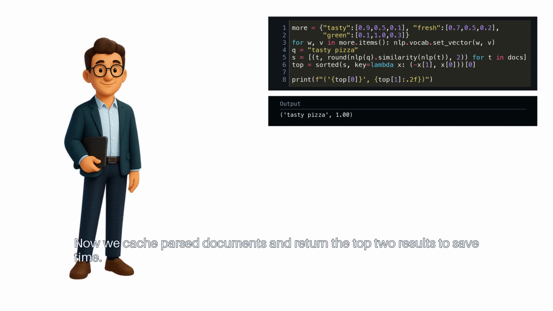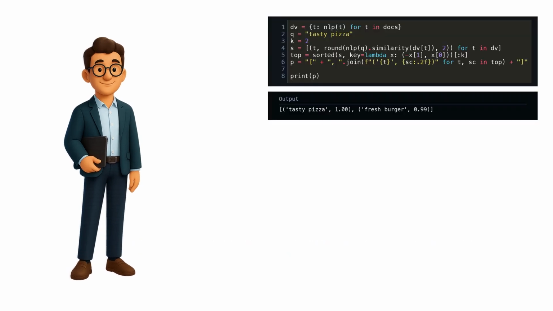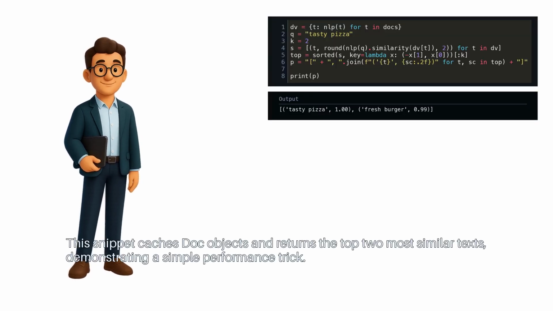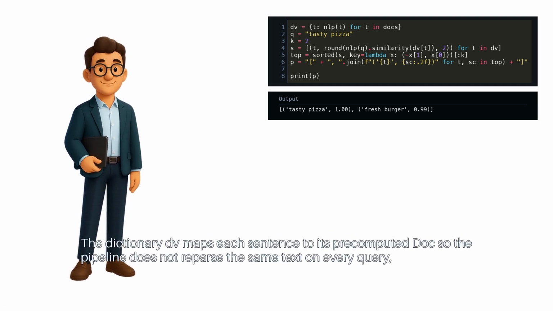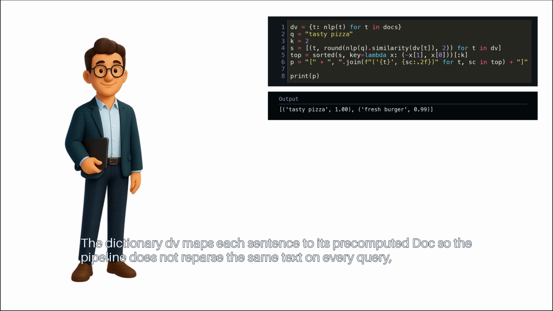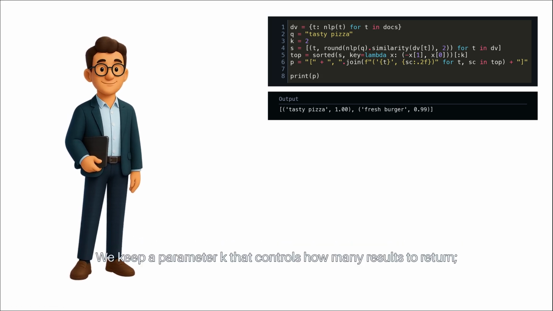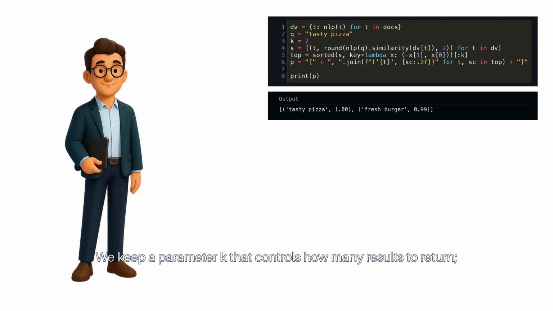Now we cache parsed documents and return the top 2 results to save time. This snippet caches doc objects and returns the top 2 most similar texts, demonstrating a simple performance trick. The dictionary DV maps each sentence to its pre-computed doc, so the pipeline does not reparse the same text on every query, which speeds scoring. We keep a parameter k that controls how many results to return.